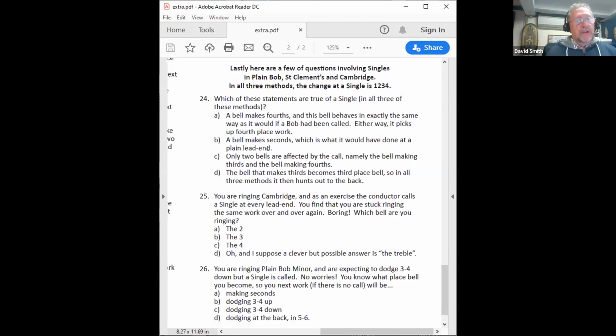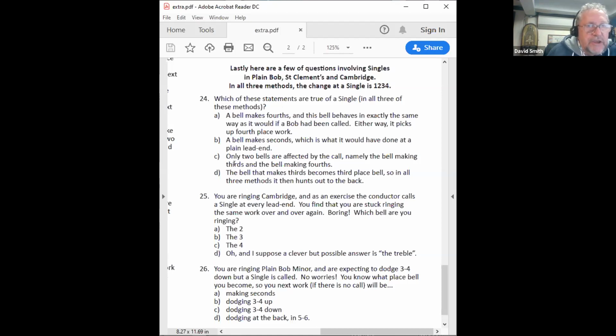So if a single's called and you were coming up and you're going to be in fourth place, you stay there, but that's familiar because that's what you would have done at a bob. If you're going to make seconds, you still make seconds. So that's familiar as well, because that's what you do at a plain lead end. That leaves the bell making thirds, and this is what people find tricky because they haven't done this before.